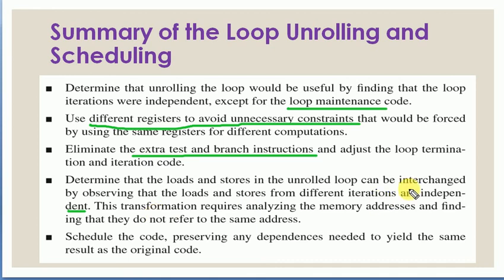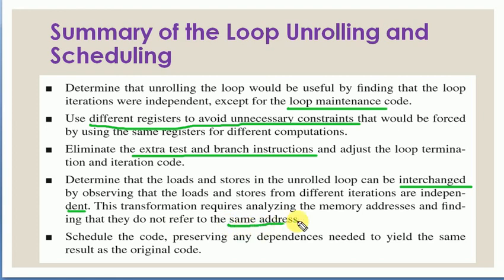If they are from different iterations, we can do the interchange so that we can reduce the number of clock cycles. This happens only based on the analysis of the memory addresses and finding that they do not refer to the same location.